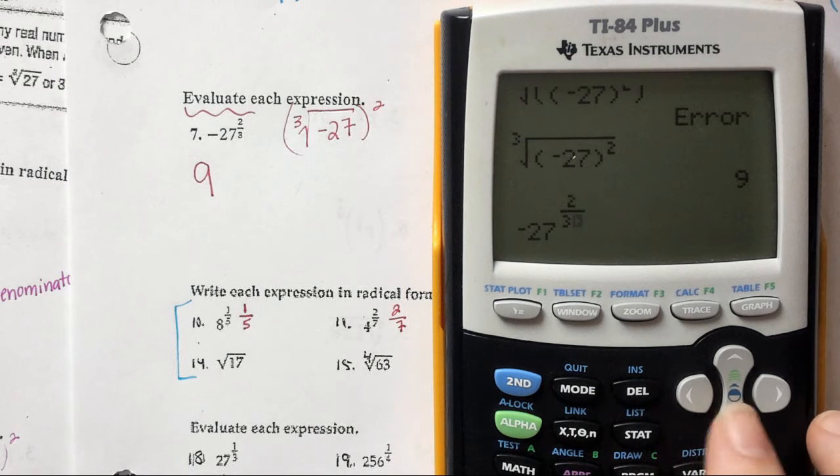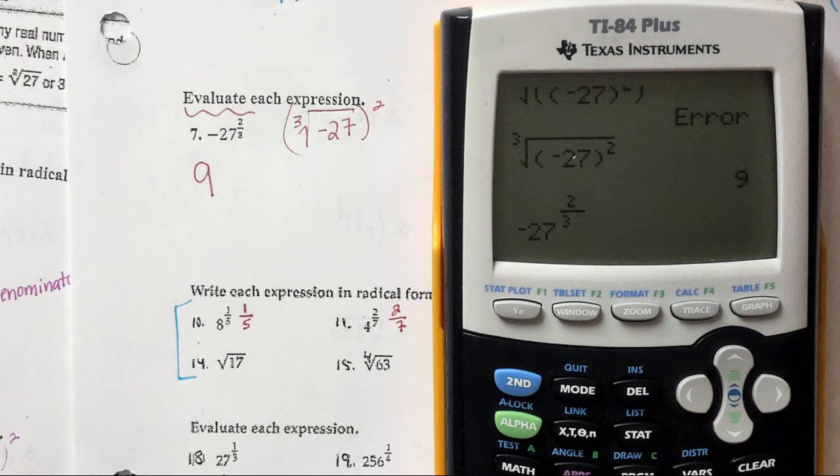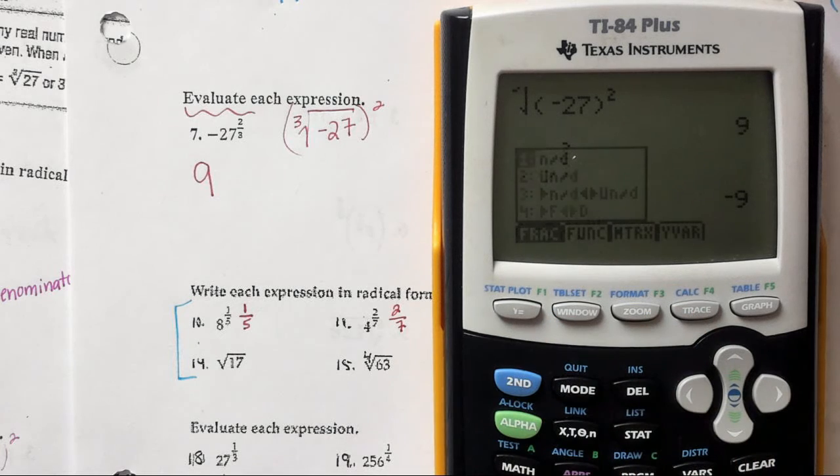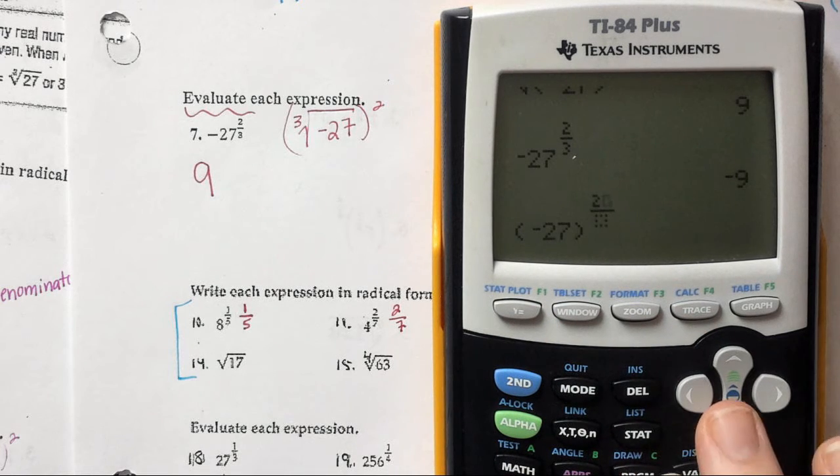And she's probably right. I probably should have put some parentheses on this thing too. Let's see. Yeah, I should have. Because right now it's doing 27 to the 2/3 and then doing the negative sign. Again, your calculator does not know what your paper says, and you're telling it in the wrong order of operations. Because you stink.